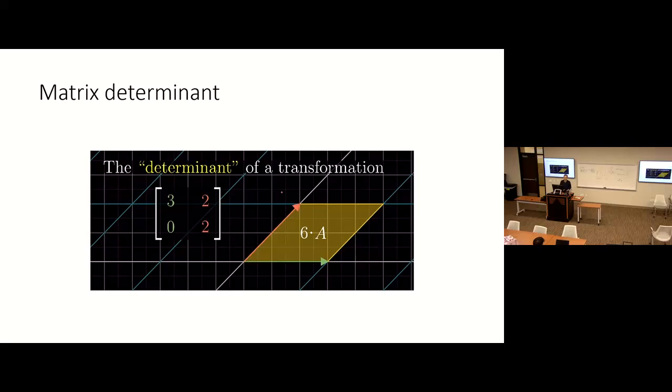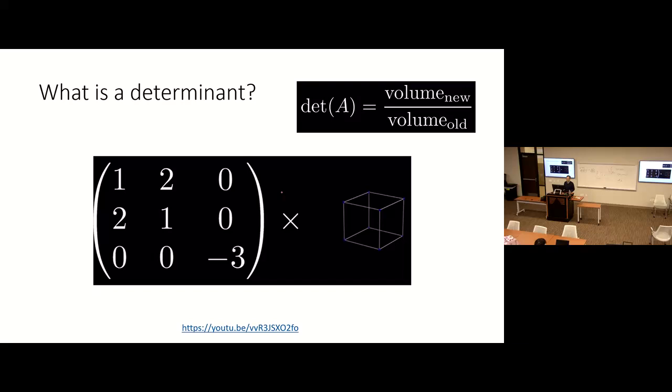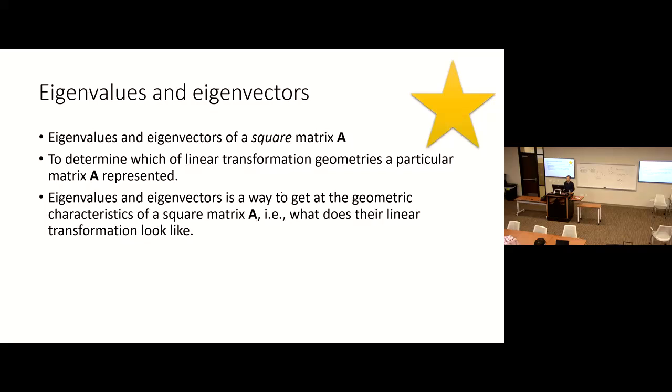Basically you change the area: after your transformation, as an operator, you apply it to the vectors, and then you change the area of the space. For the determinant of 3D, just skip that, we don't need it.